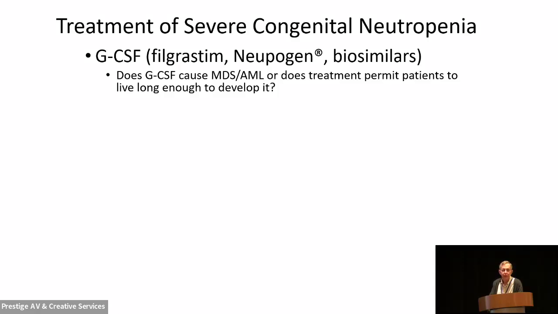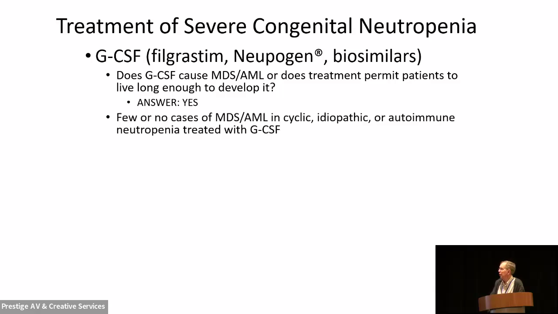And in fact, anybody who Googles GCSF quickly runs into those and gets very scared. And the question is, does GCSF cause these disorders, or does treatment permit patients to live long enough to develop it? And the answer is yes, it probably has contributions in both of those mechanisms. But in the meantime, for congenital neutropenia in particular, it's life-saving.